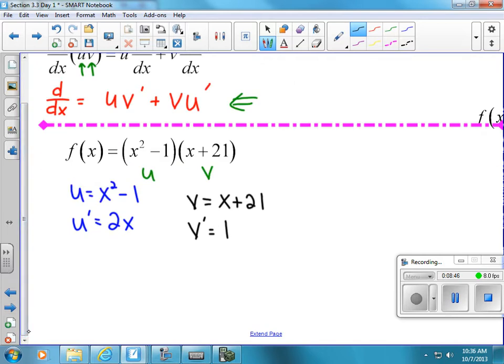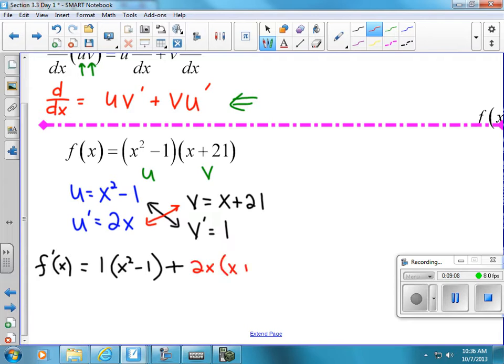So what I like to do is write it like this, so then I multiply my u times my v prime. So I have 1 times x squared minus 1. Okay, so that's the first part of my derivative, plus the other 2 multiplied together, v times u prime. So we have 2x times x plus 21.